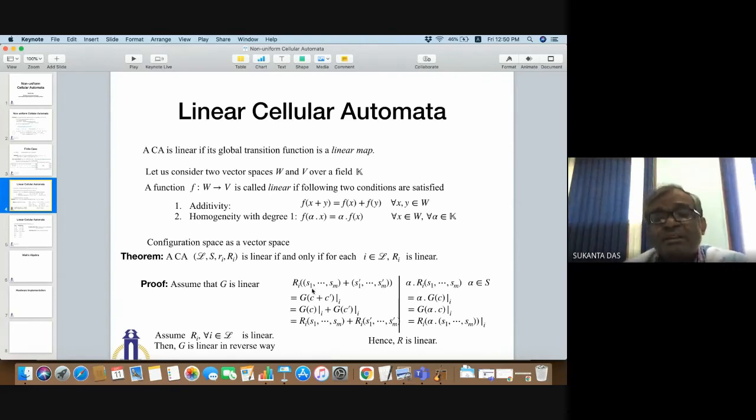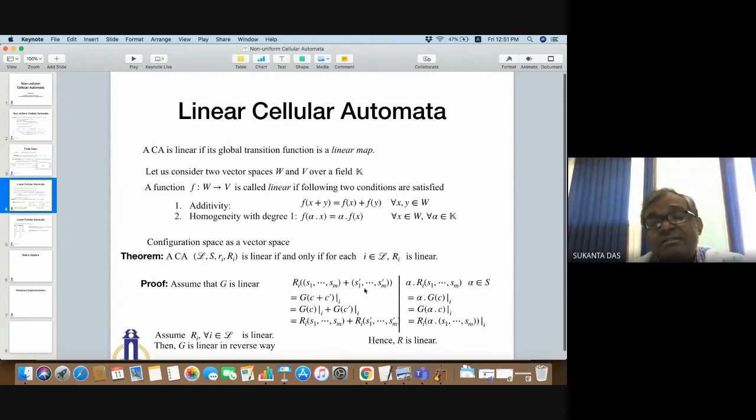Now what is this? This is actually a configuration. By doing this, what do I get? What is the value of G? Please recall how I get G: I get G using Ri.